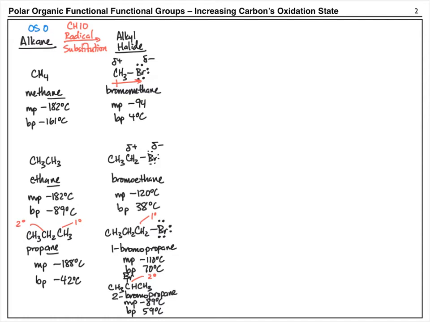So getting back to this column, notice we have CH bonds, we have CC-CH bonds in ethane and propane. There's no heteroatoms at all in the alkanes. Now we have a heteroatom. So it's a single heteroatom.